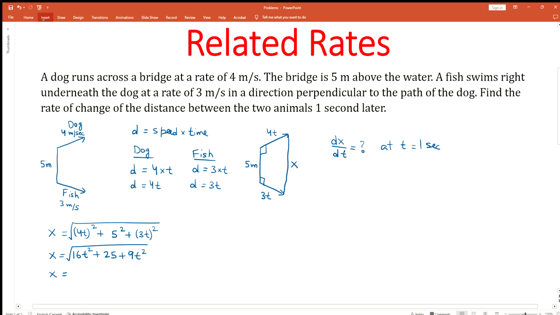Now we can combine the like terms. 16t^2 plus 9t^2 is 25t^2. Next, we can simplify this expression by doing common factoring. We can factor out 25 from both terms.